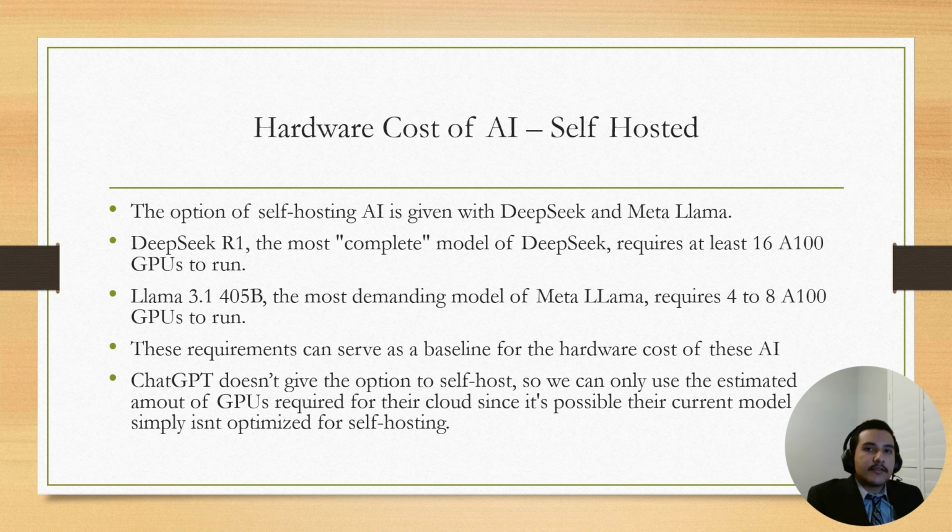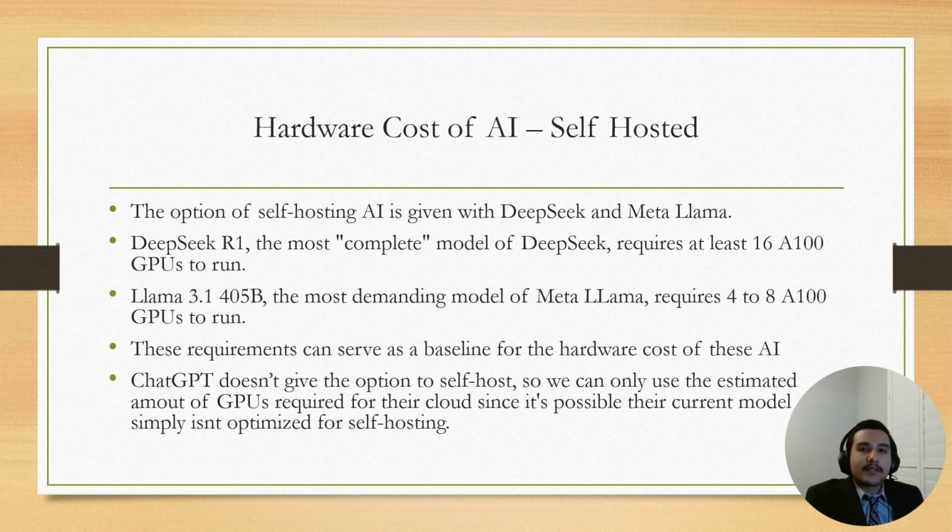The second option of accessing AI is to simply self-host, which is offered by DeepSeek and Meta. DeepSeek R1, the most complete model of DeepSeek, requires at least 16 A100 GPUs to run. Llama's 3.1 405B model, its most demanding, requires 4 to 8 A100 GPUs to run.